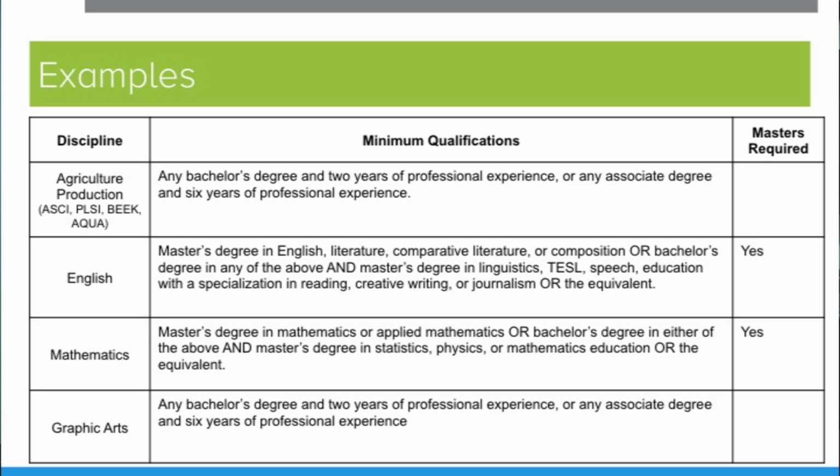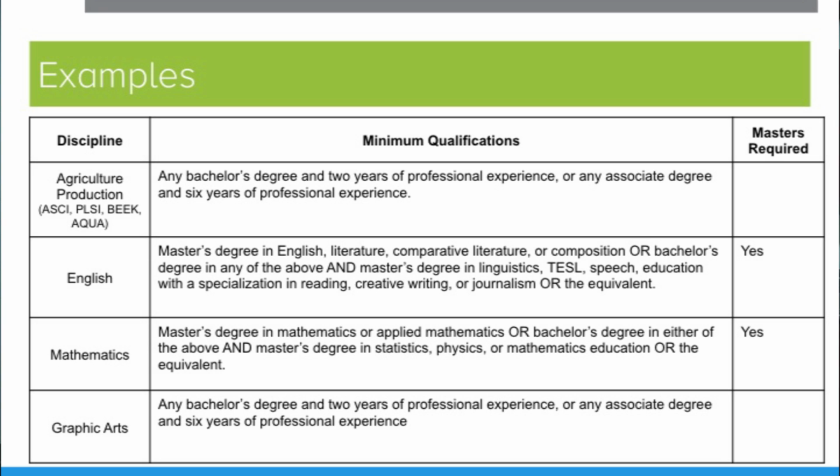So perhaps you have a graphic artist who has been in the industry for 20 years, has presented at a variety of professional conferences and convenings, and we might say that his professional experience is equivalent to an associate degree or a bachelor's degree in graphic arts.